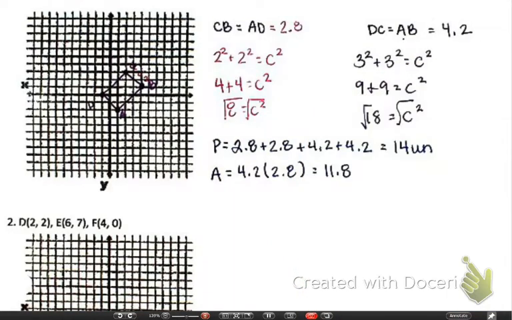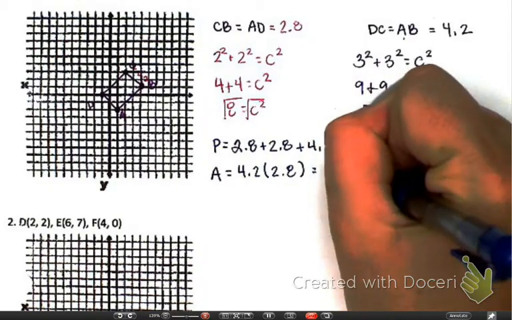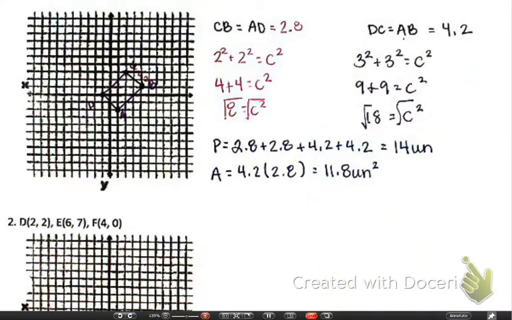Does anyone know what units are for area? Units squared. So if we actually know the units, we would put yards or inches or what have you. But since we don't know the units, we're going to do units squared. We're good with that? All right.